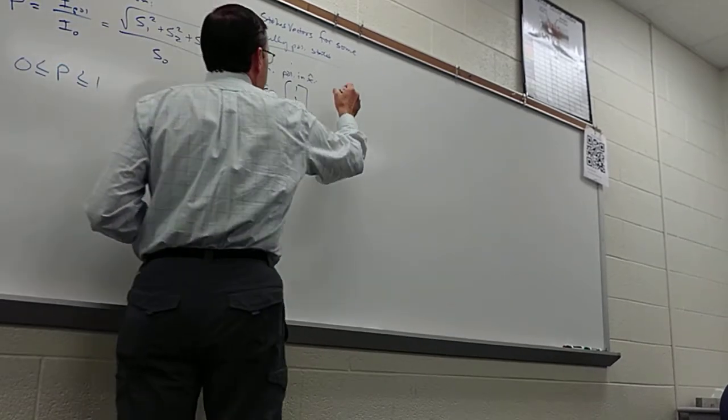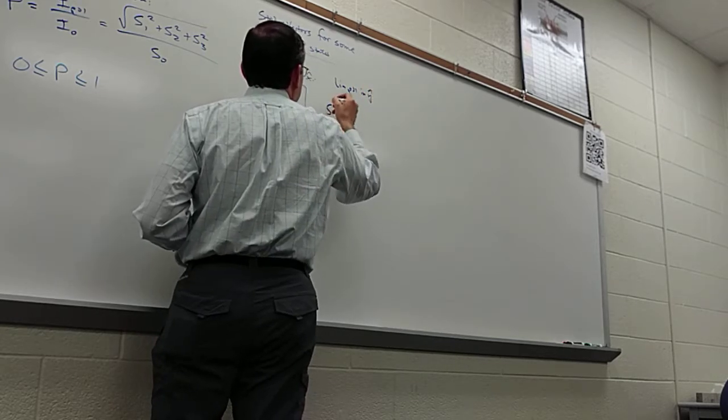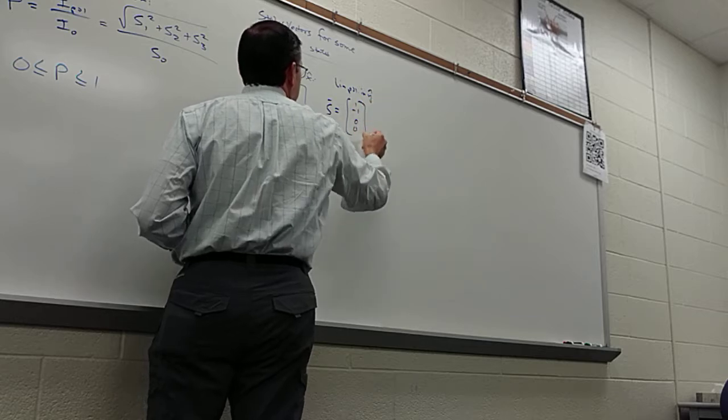And linear polarization in y hat, the Stokes vector would be 1, minus 1, 0, 0.